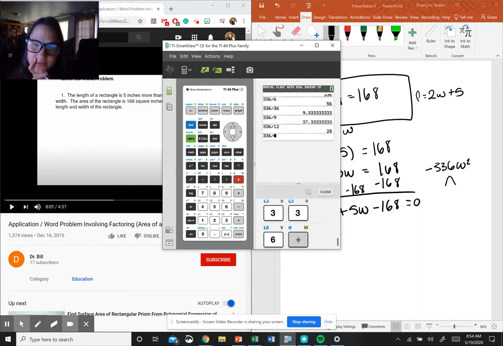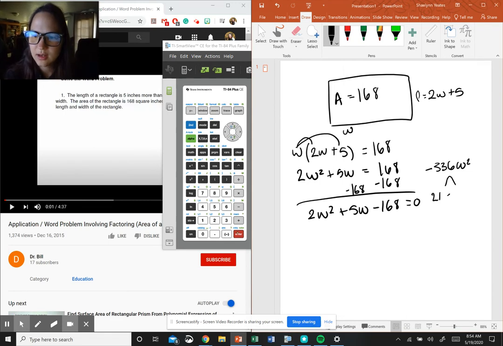We tried 12, 16. 16 and 21, are those 5 apart? They are! Yay! And we want a positive 5. So I want a positive 21 and a negative 16, because 21 minus 16 is positive 5.